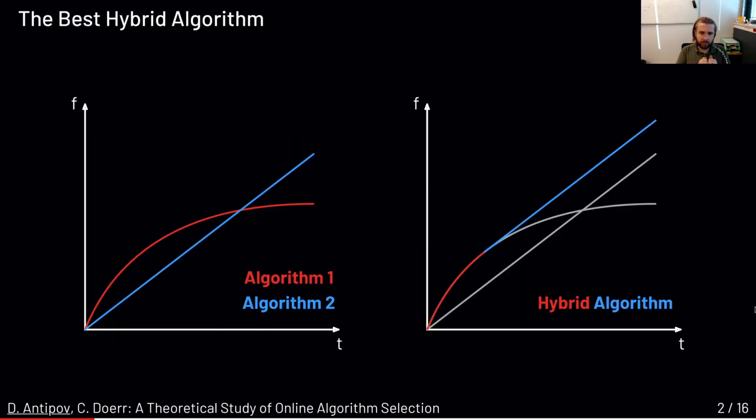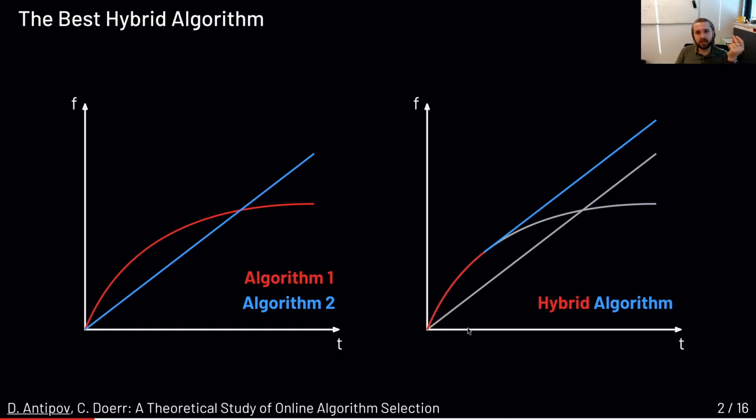And this idea can be translated to selecting algorithms for optimization, which also in some sense go through a race as they search for the optimum. Imagine the situation when we have two algorithms and we know how they perform through time. Let's say on the x-axis we have time, on the y-axis we have the best function value that those algorithms found, and the first algorithm performs quite well at the beginning of optimization, but then it slows down, while algorithm 2 has roughly the same speed all the time.